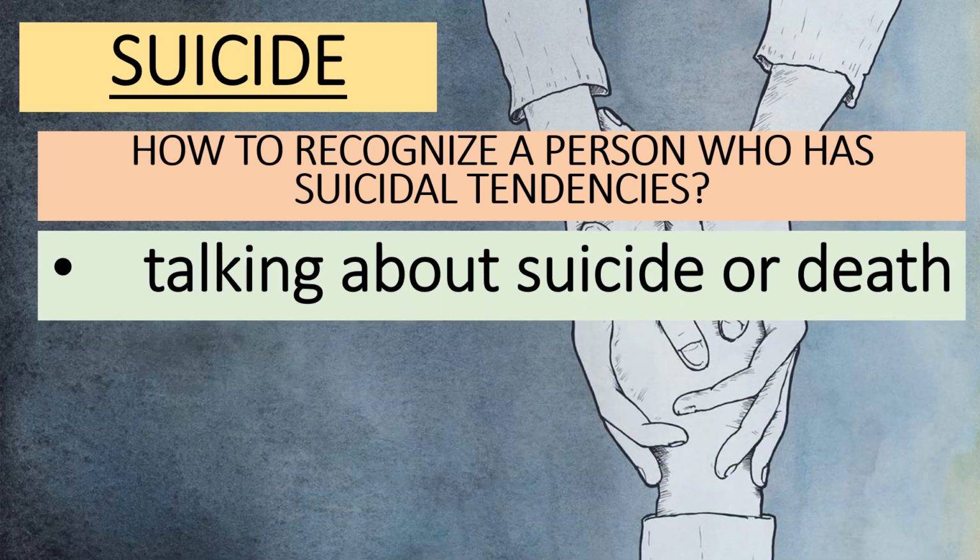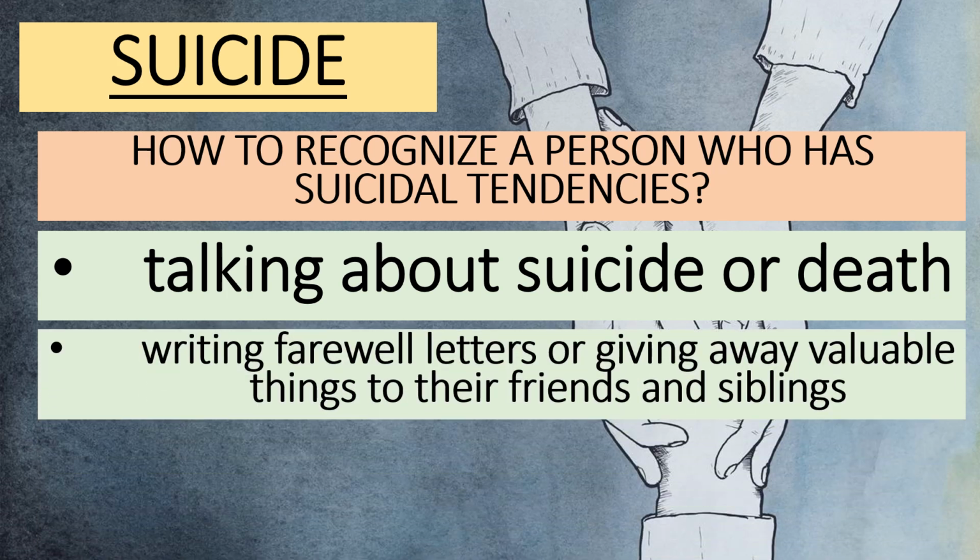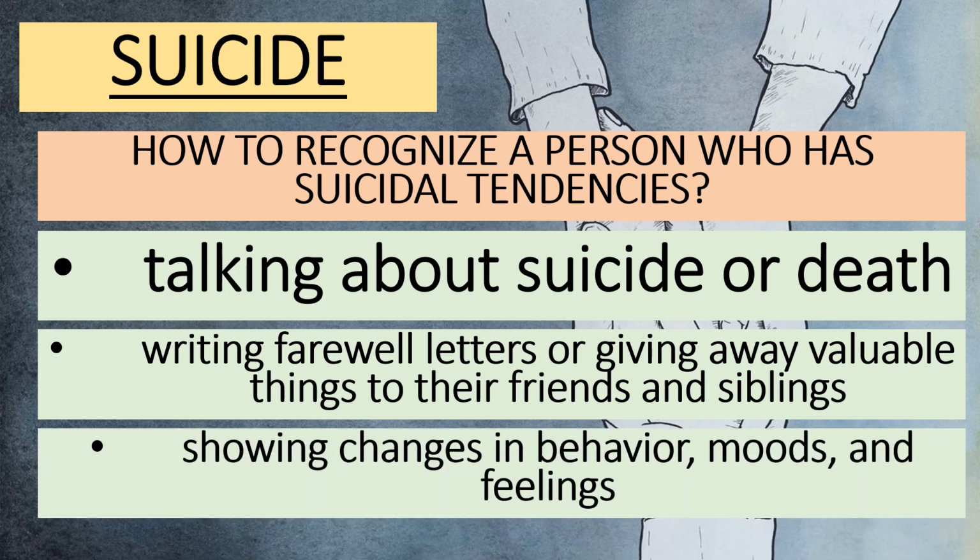The first one is talking about suicide or death. The second one, writing farewell letters or giving away valuable things to their friends and siblings. And lastly, showing changes in behavior, moods, and feelings.